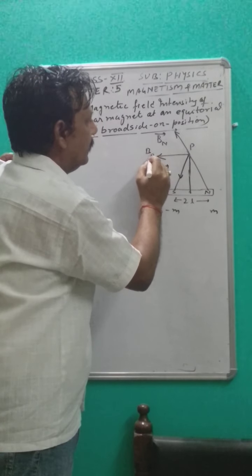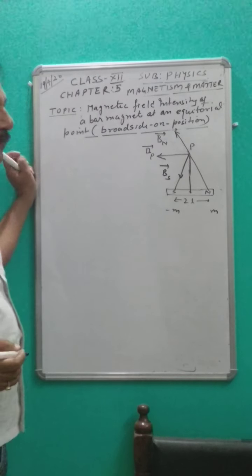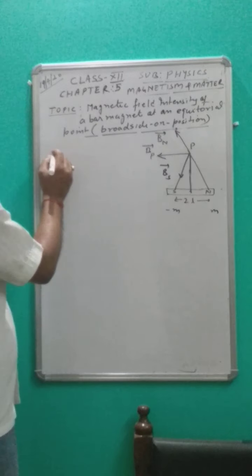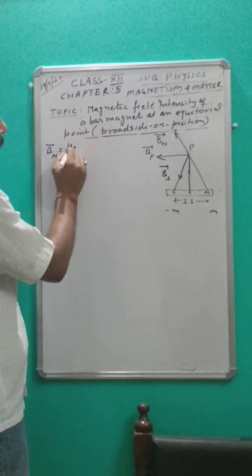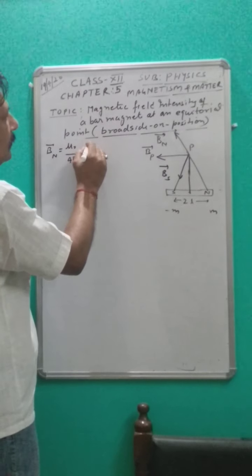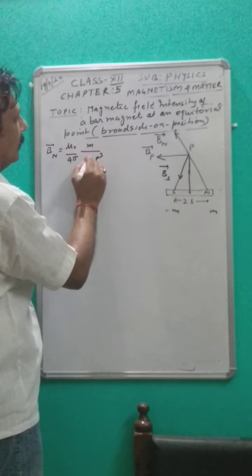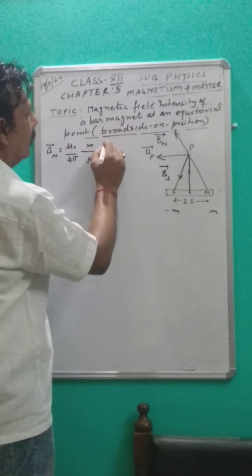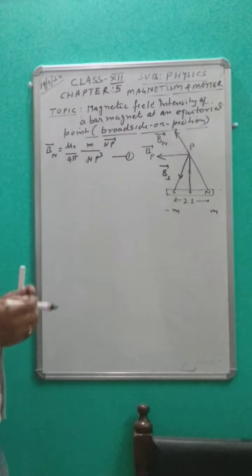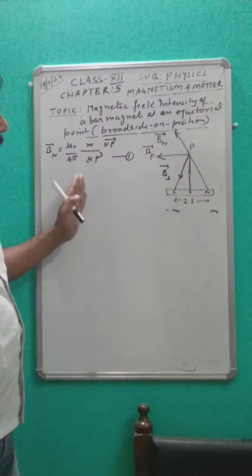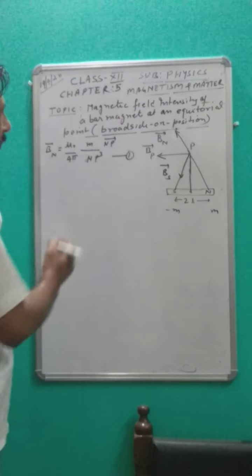This is Bp, which represents the resultant magnetic field. First we will calculate Bn. Bn is equal to mu naught upon 4 pi, m upon NP cube, NP vector. Let this be equation number 1.